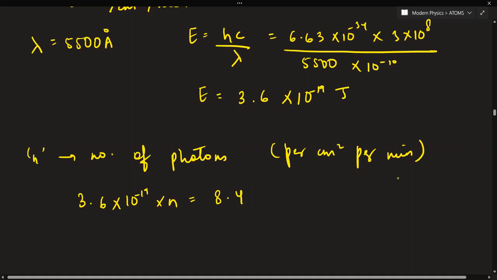So n will be 8.4 divided by 3.6 into 10 to the power minus 19. This will be approximately 2.3 into 10 to the power 19. This will be the number of photons.